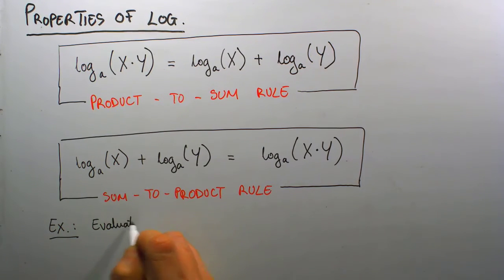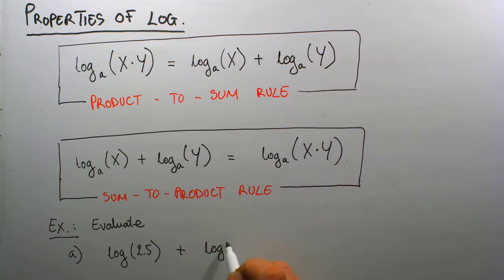In my quick example, let's evaluate problem A: log base 10 of 2.5 plus log base 10 of 4. There will be times we run into a computation problem like this.